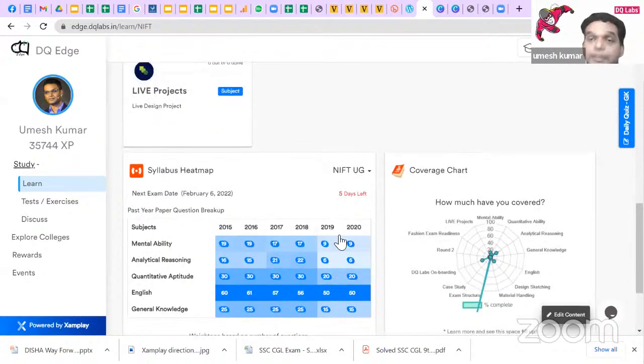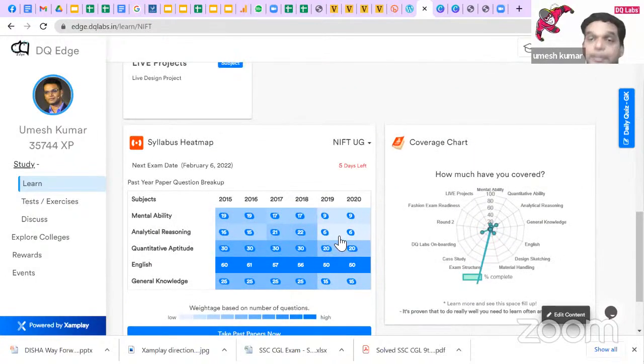Step two is that there is a particular way of experiencing this test. Of course, if you go to the UCEED website, they will give you past year question papers, etc., but do not access them. Rather, the best way of accessing, I will tell you now.